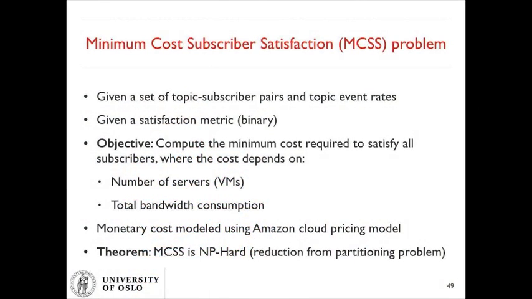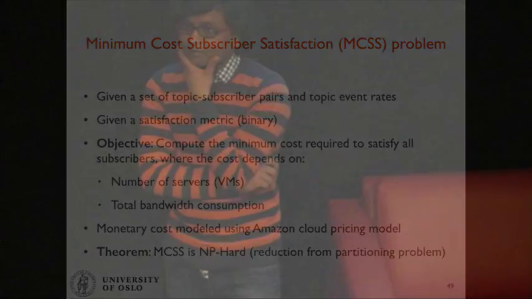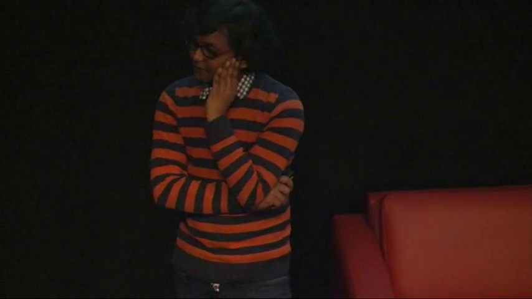So we formulated this problem again for given topic subscriber pairs and their event rates and a binary satisfaction metric. The objective was to compute the minimum cost required to meet the satisfaction of all the subscribers. And the cost depends on the number of servers and the total bandwidth consumption.